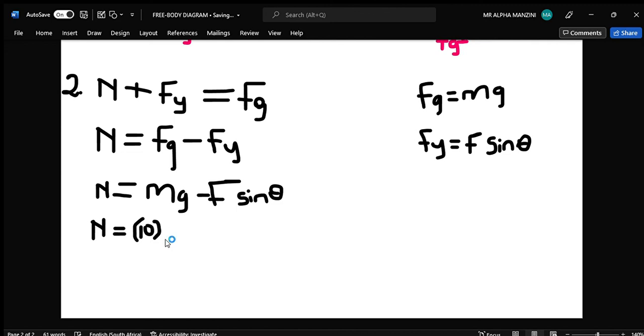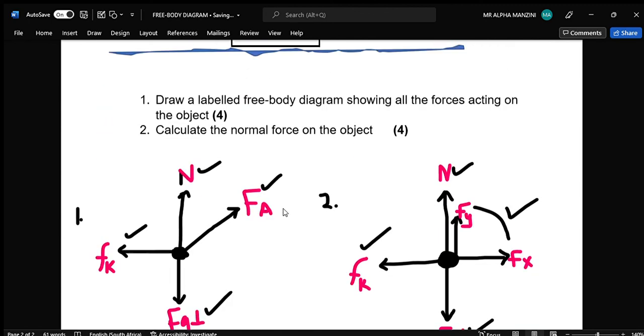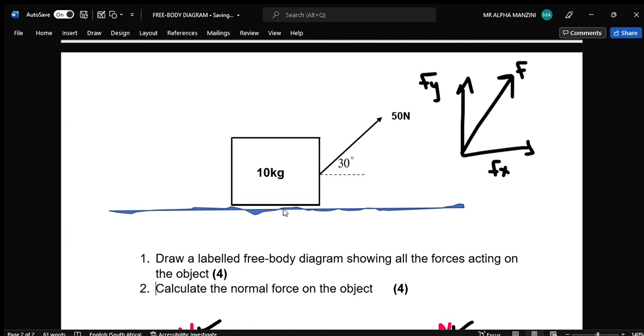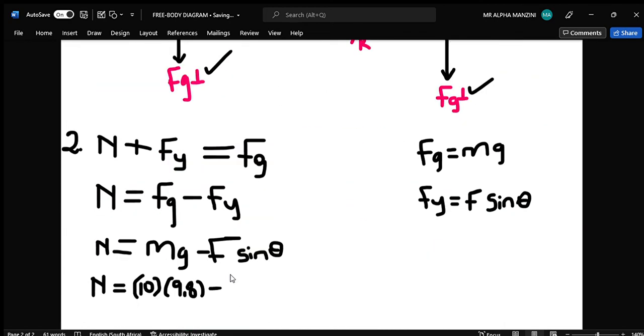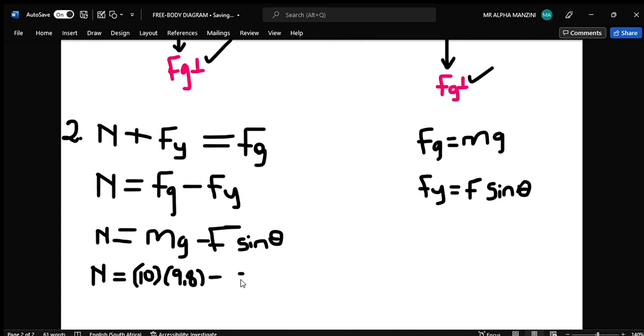G is our gravitational acceleration, which is the constant, 9.8 meters per second squared, minus F. F is our applied force, which is 50 Newton. So it's 50. What is our angle? Sine angle, which is 30 degrees.